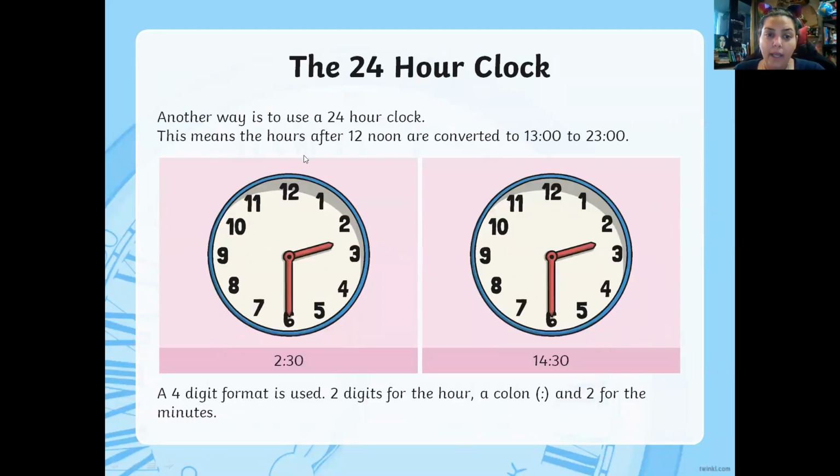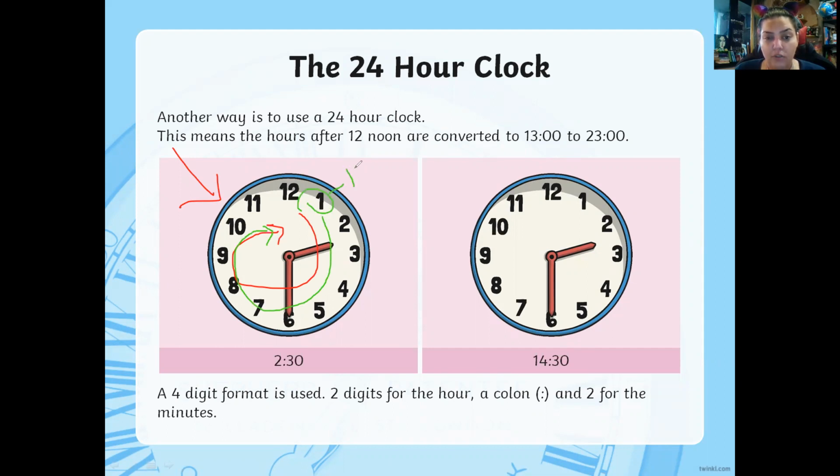Now, another way is to use the 24-hour clock. So this is what we are talking about here. This means that the hours after 12 noon are converted to 13 through 23. So a normal analog clock like this has only 12 numbers, right? But imagine this has moved one circle, and now it needs to move the second circle. Now, the second circle, we're not going to write 1.